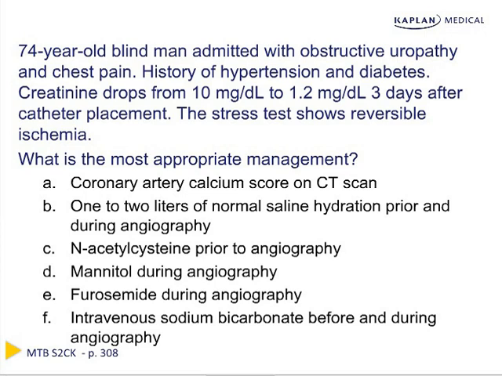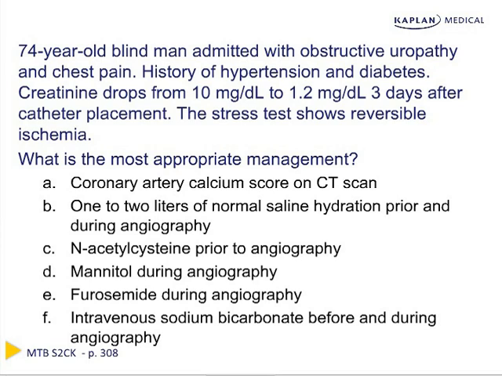Our answer choices are A, coronary artery calcium score on CT scan, B, 1 to 2 liters of normal saline hydration prior and during angiography, C, N-acetylcysteine prior to angiography, D, mannitol during angiography, E, furosemide during angiography, or F, intravenous sodium bicarbonate before and during angiography.